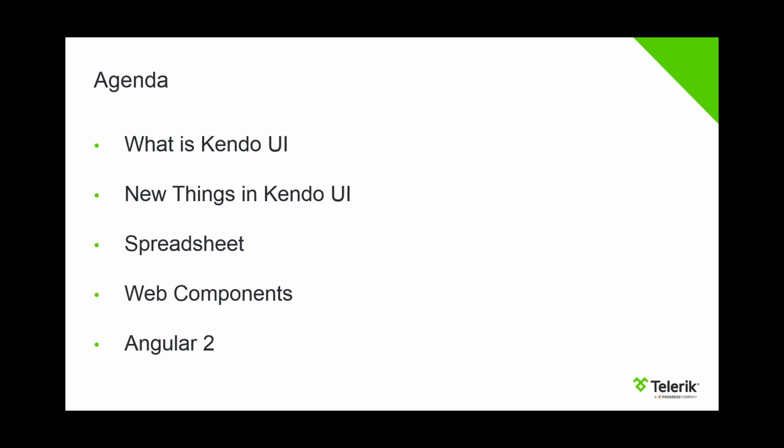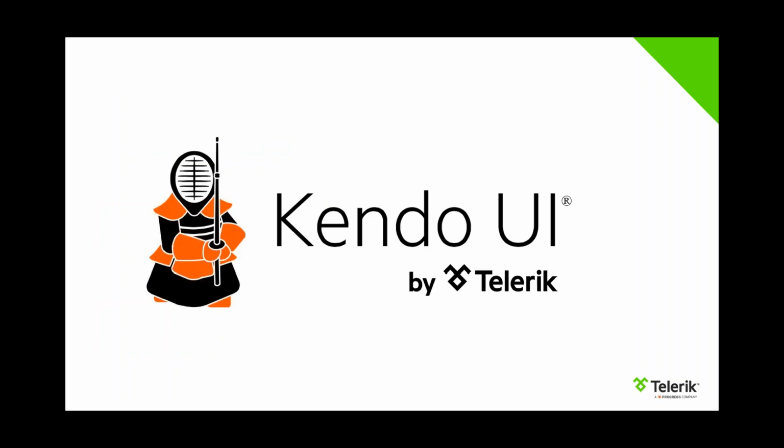Then we're going to look at the new things in Kendo UI: the spreadsheet widget as we call it, the web components, and then Angular 2 support. We're going to be going very slow, and I'm going to spend time explaining stuff. We'll spend more time on the spreadsheet component because that's pretty cool. You can now get an Excel kind of spreadsheet support in your web application.